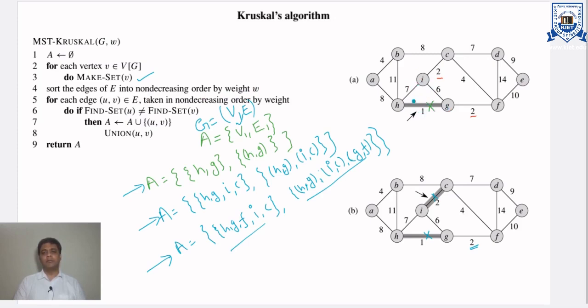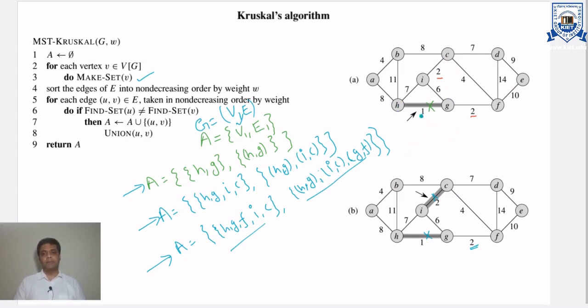So that would be the first edge, this would be second, this would be third, or this would be second, this would be third, and the next minimum would be 4. So AB or CF in either order, and this process will keep on going. So all the edges will be sorted on the basis of their weights. Now pick the edges one by one, obviously in the order of their weights.